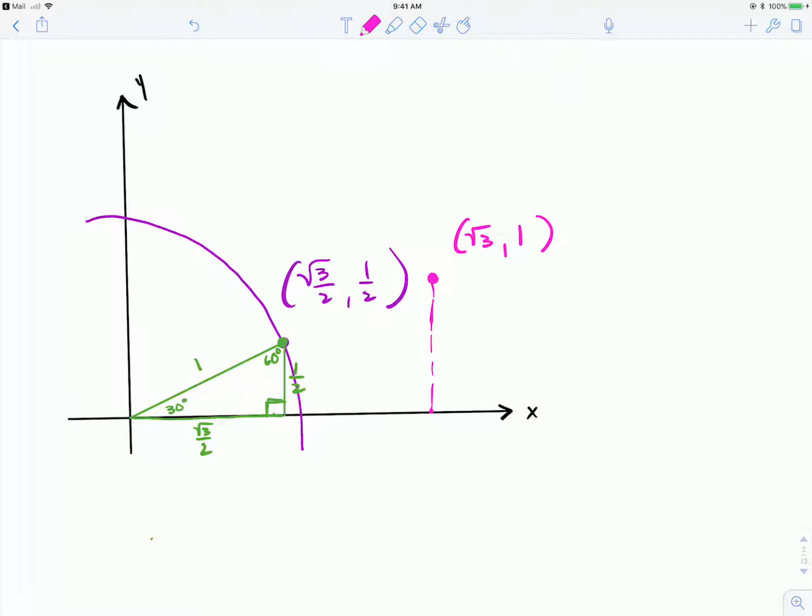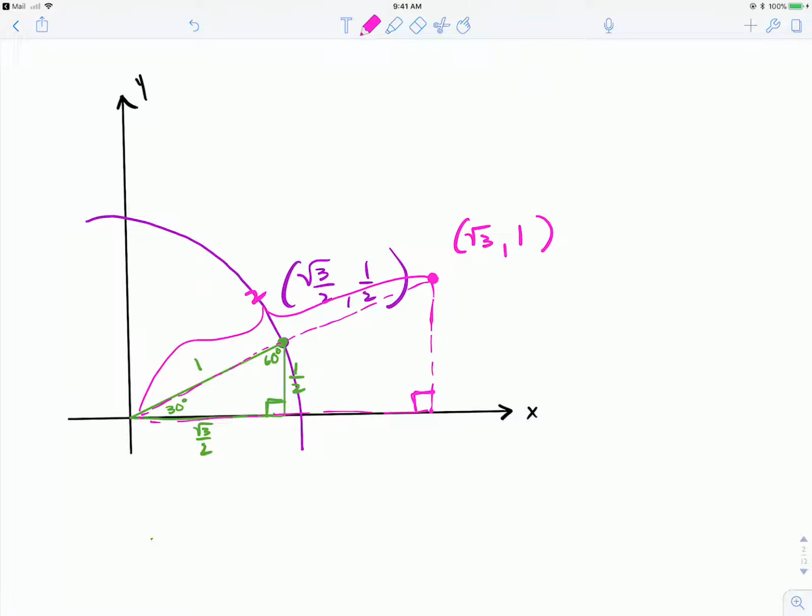Okay, if I drop a perpendicular and think about constructing a right triangle, the hypotenuse of this right triangle would be 2.